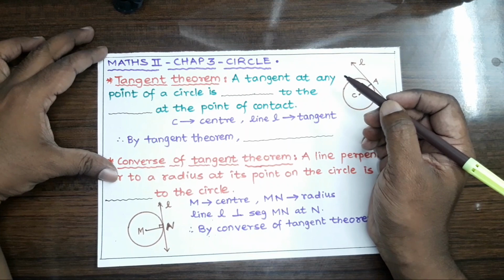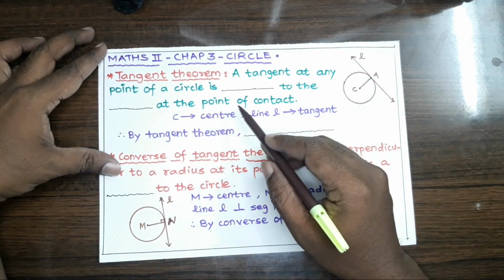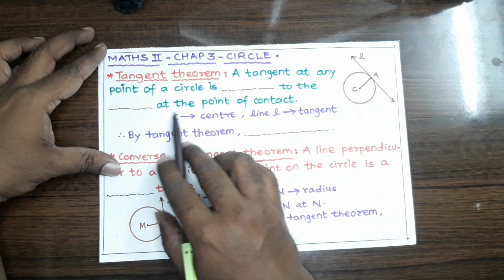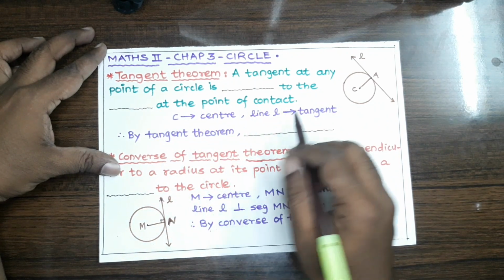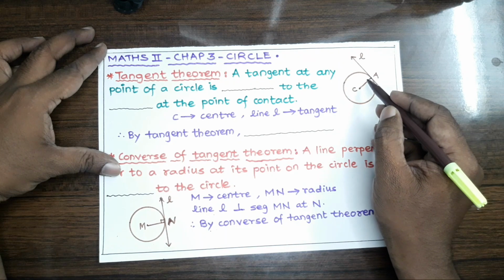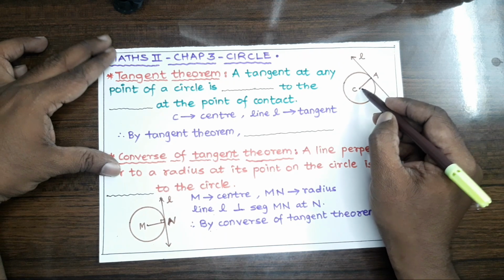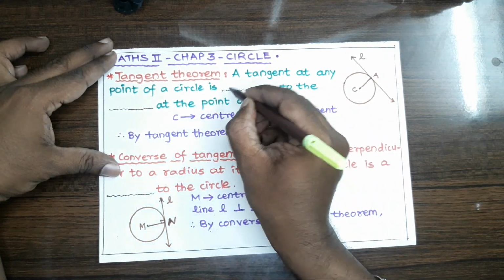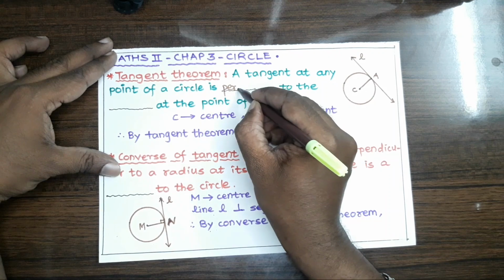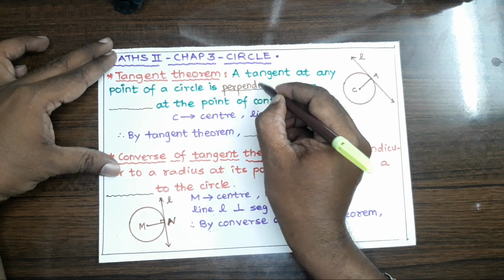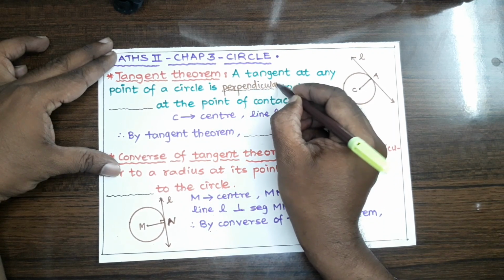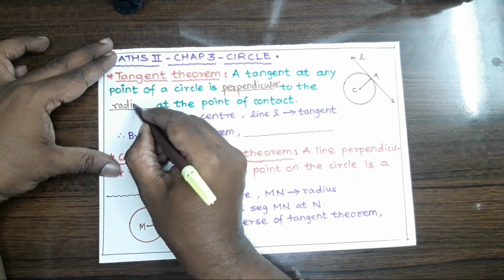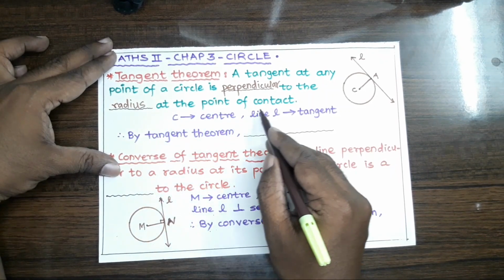The tangent theorem states that a tangent at any point of a circle is perpendicular to the radius at the point of contact. Now see, here is a circle and C is the center of the circle. So the statement is, a tangent at any point of a circle is perpendicular to the radius at the point of contact.